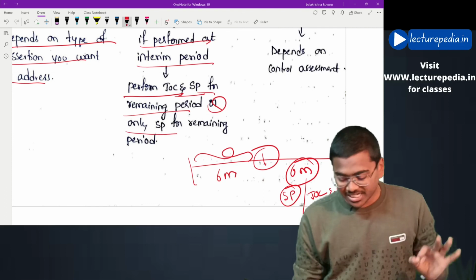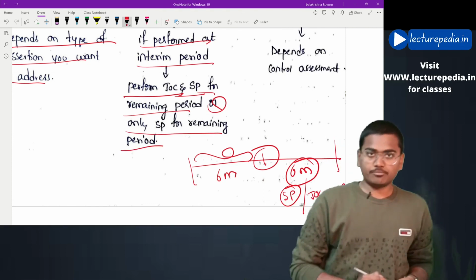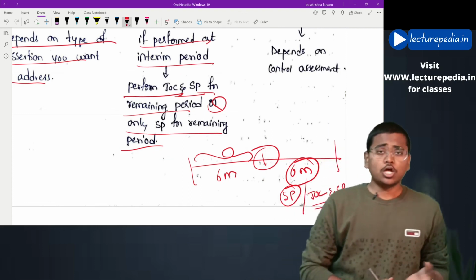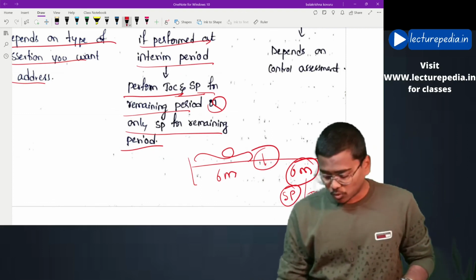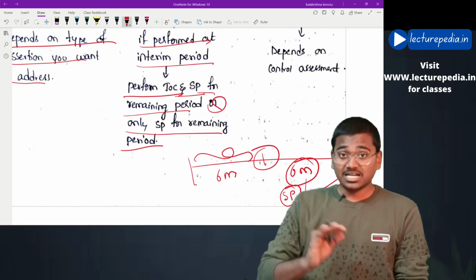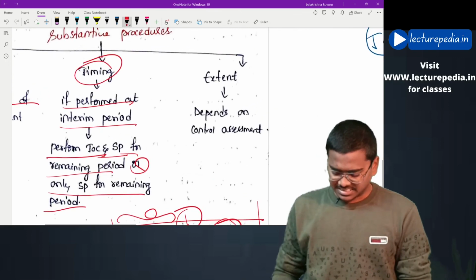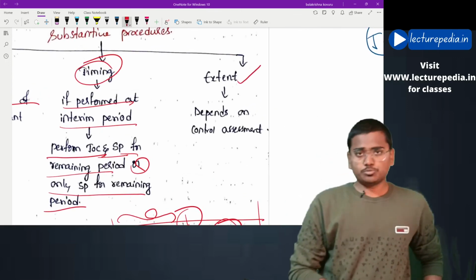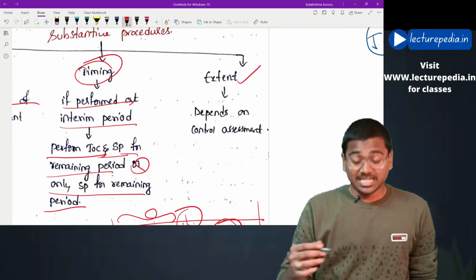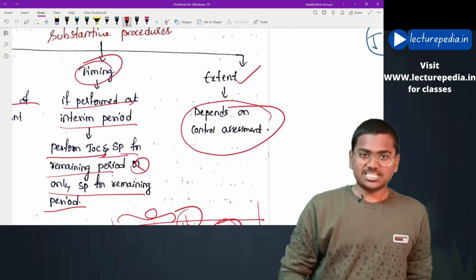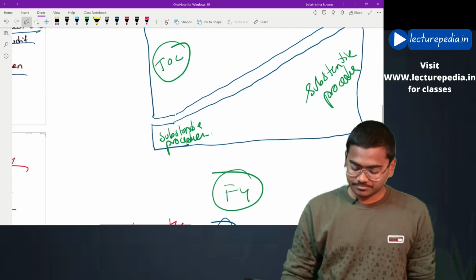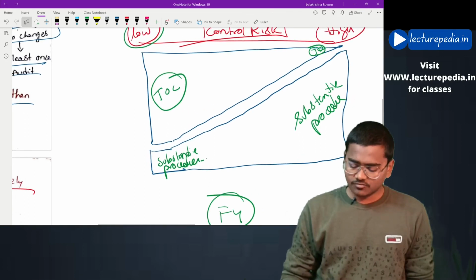Based on the effectiveness of the controls that are operating, the auditor will decide whether to perform only substantive procedures or both test of controls and substantive procedures for the remaining period. Next, extent of substantive procedures to be performed. The extent depends on the control assessment that has been performed by the auditor. For that you can refer to this diagram, the diagram which we have discussed here.